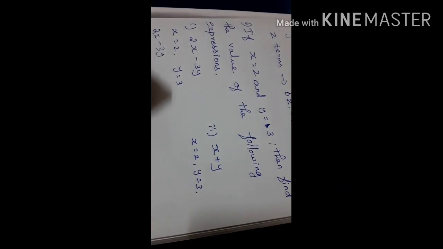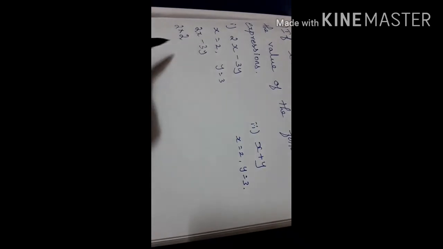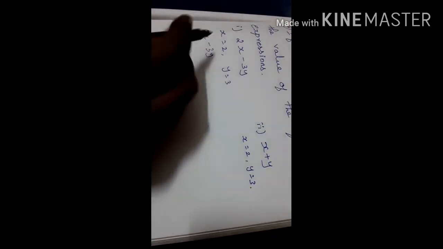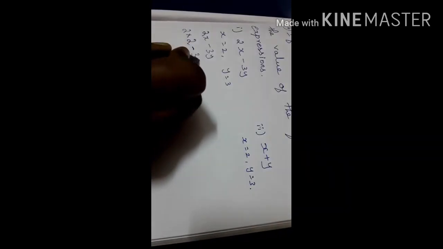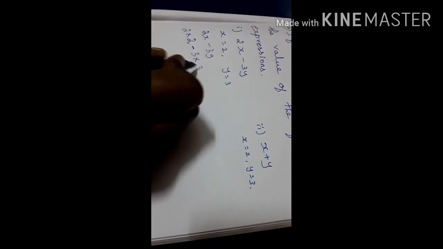Instead of x, you have to write the value, that is substitution. Here they have given the x value is equal to 2. So instead of x, you write 2, minus 3 into the y value they have given, 3.